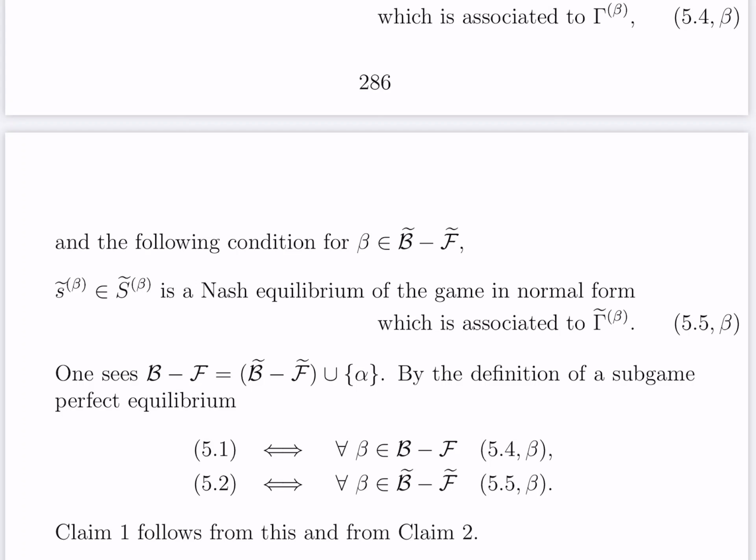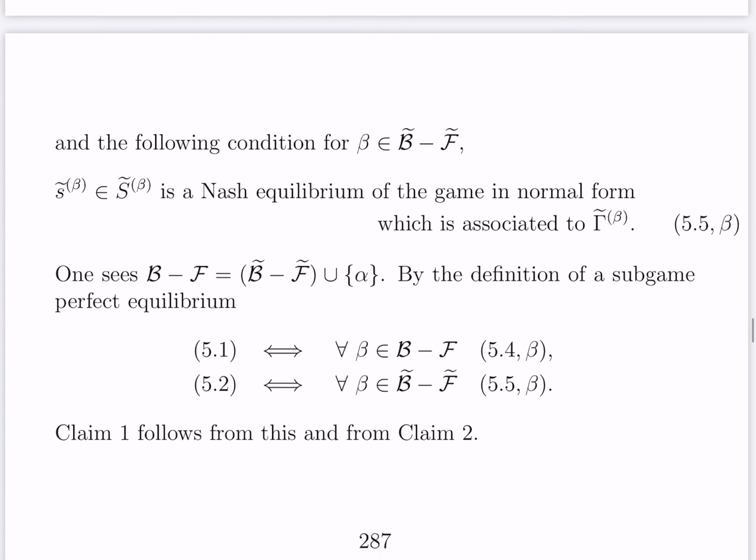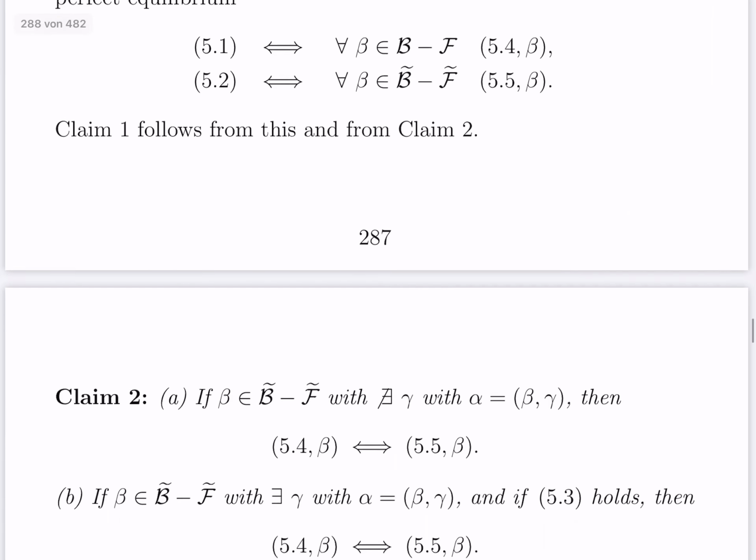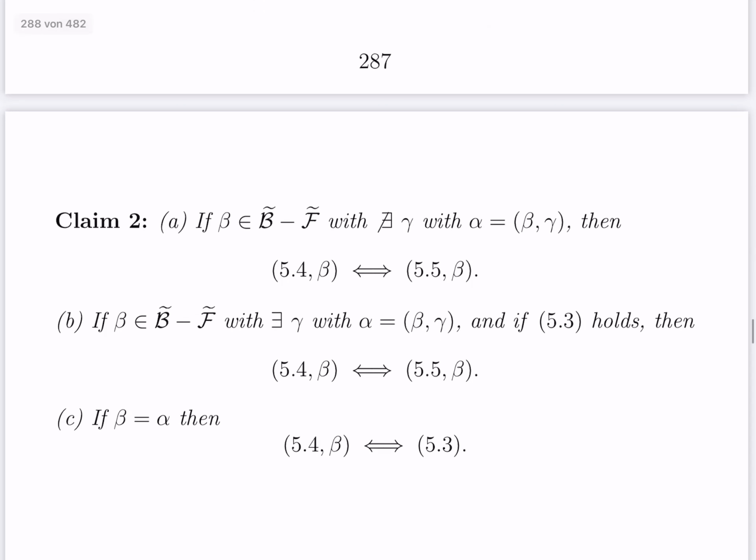And now I say that claim 1 follows from this equivalence, this explicit way to write the subgame perfect equilibria, together with the following claim 2. Claim 2 has 3 parts. Here it is. So we have to study now these conditions 5 for beta, 5 beta, and again 5.3.